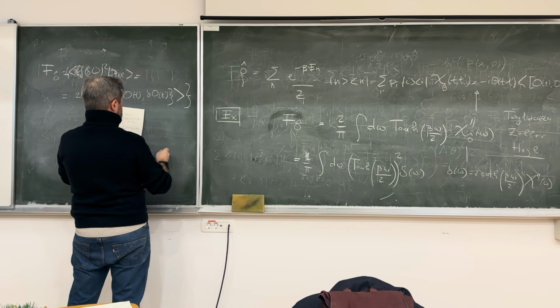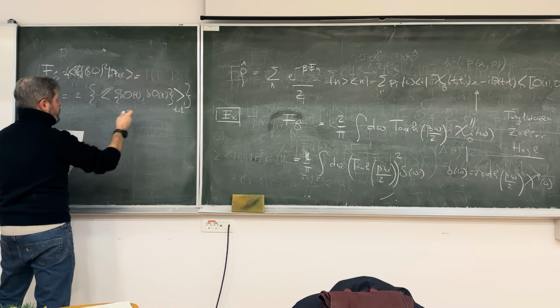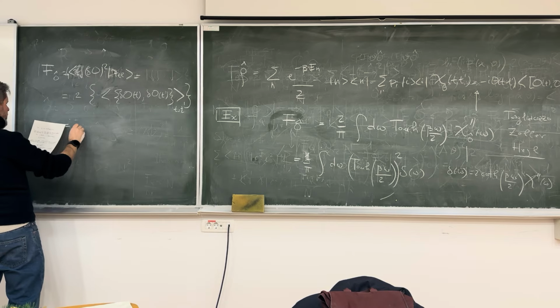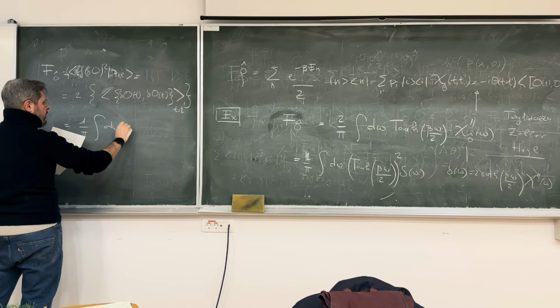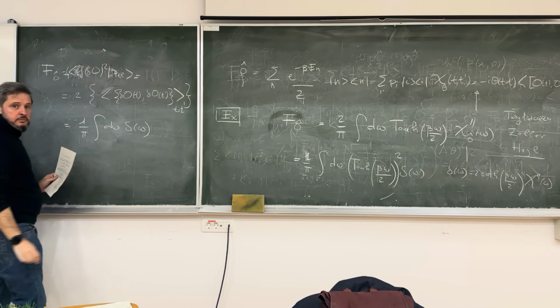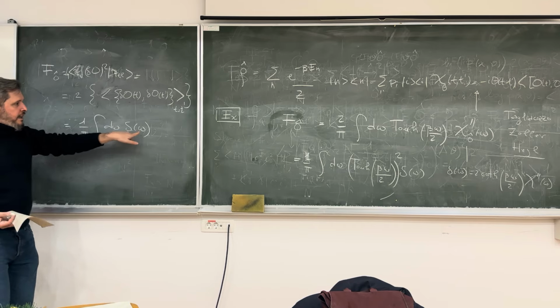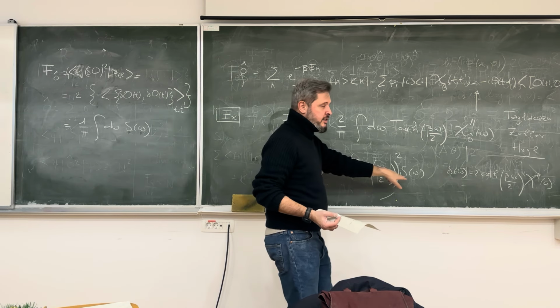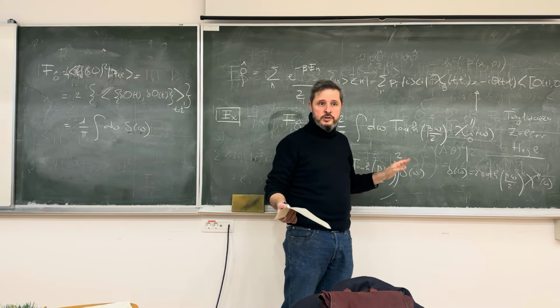Right? At t equal to t prime, but this is a symmetrized correlator at equal times, so I can write it as 1 over pi integral d omega of S of omega. An equal time correlation function, I can always write as the integral over all omegas of its Fourier transform. Notice that this S of omega is the same S of omega that is sitting here because I'm in thermal equilibrium, so they have the same inverse temperature.